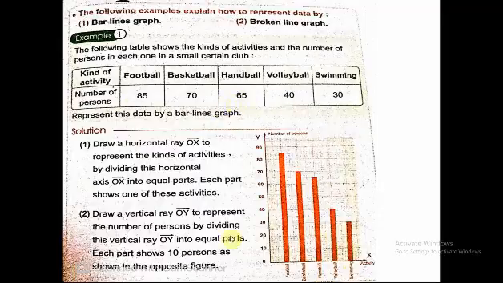That means it goes 10, 20, 30, 40 and so on. So on the y-axis we have 0 because we start from zero, and we count 10, 20, 30, 40, 50, 60 and so on. The first thing, football, is 85. When we want to make a bar line graph, the bar looks like a line.